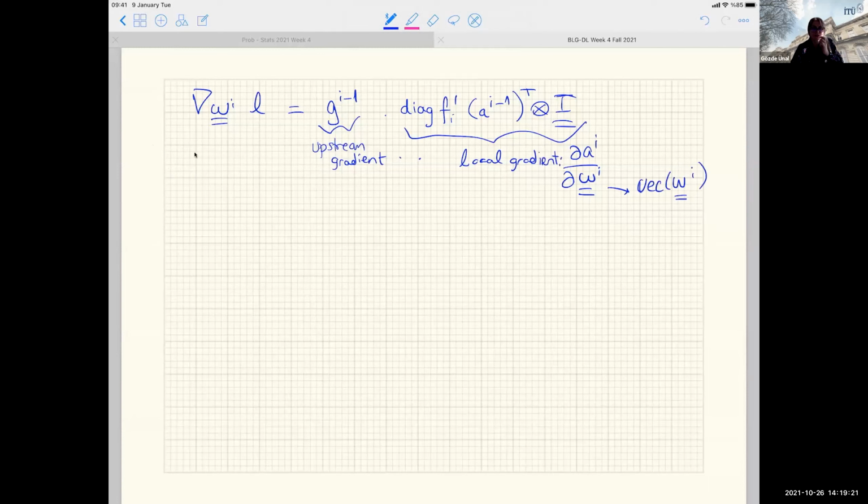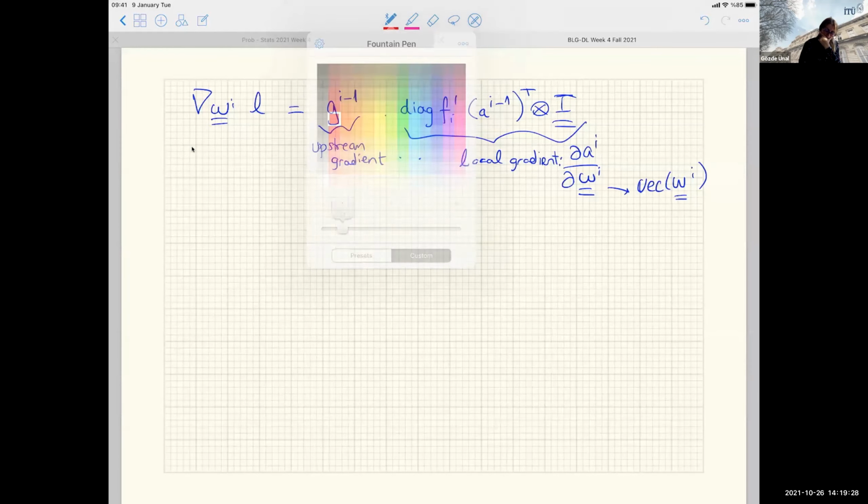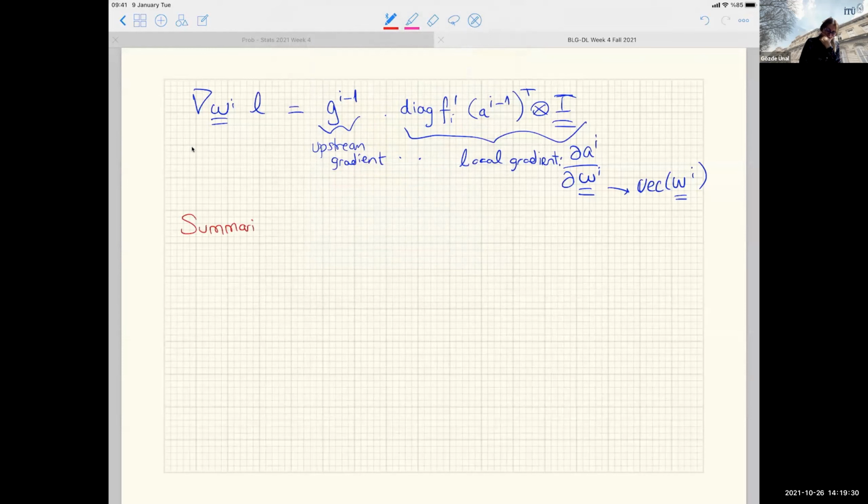So now I can summarize the backpropagation algorithm, guys. I will also add the derivative with respect to the bias vector b. First, of course, we do a forward pass where we calculate these activations, F_i of W_i A_{i-1} plus b_i.